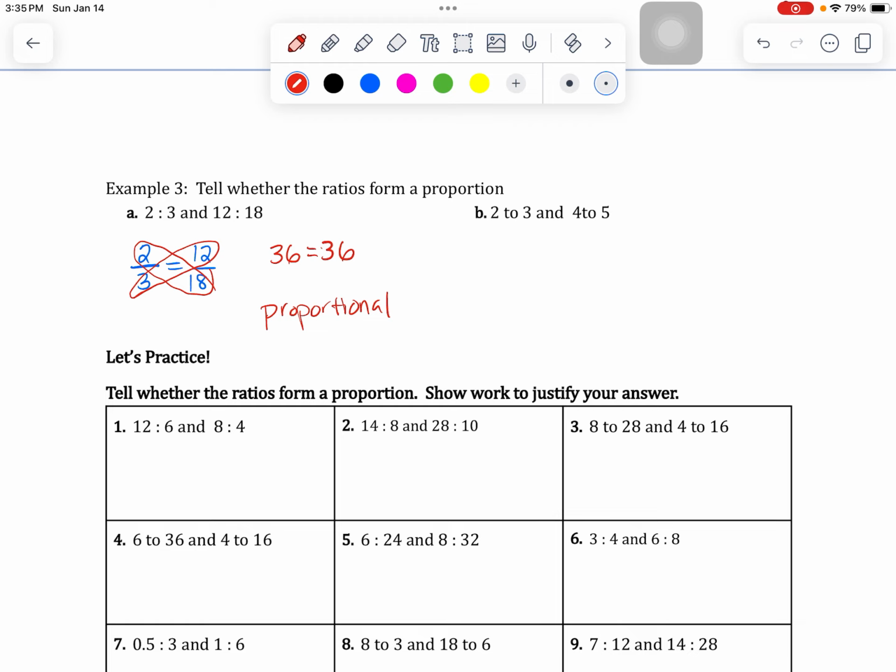Okay, if I try the one next to it, I have 2/3 equal to 4/5. So here if I multiply, 3 times 4 is 12, 2 times 5 is 10, so this is not proportional. Alright, you can use either method here.